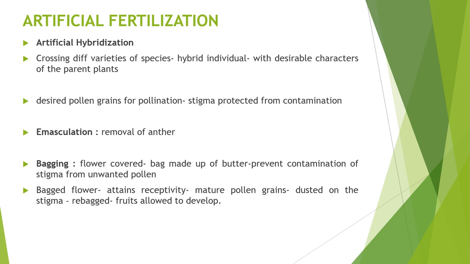Second stage of artificial hybridization: in this stage we decide which plant to select, either the female part or the male part. When does this happen? When the flower is bisexual, only then we select the female part or the male part.